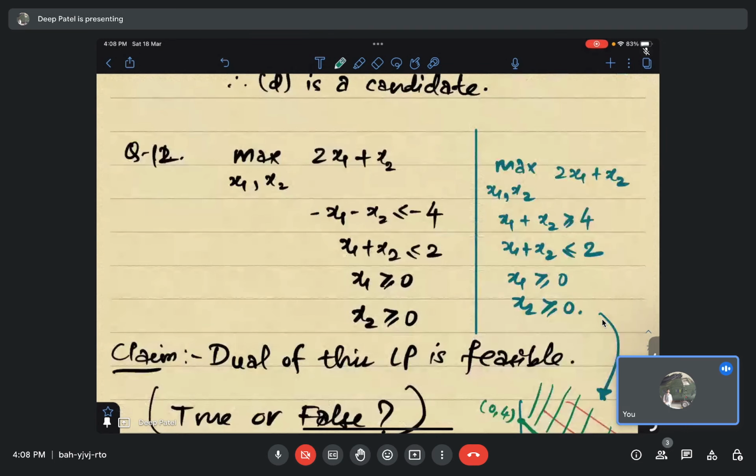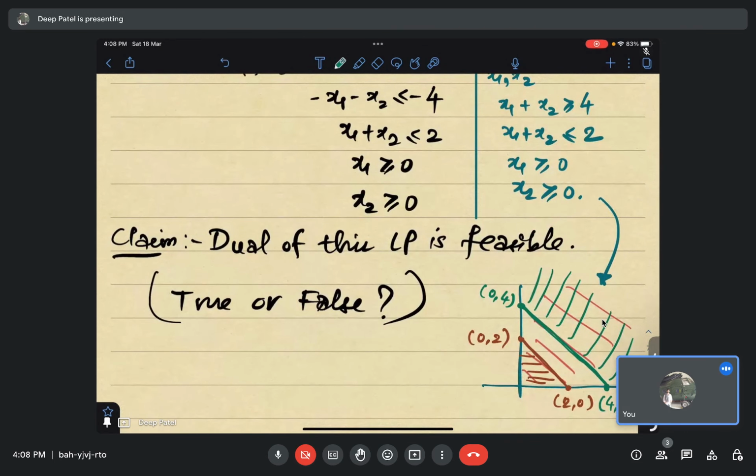So what do we do now in this case? Basically we have no points as a solution, that is empty, right? The feasible region. So this LP does not admit any solution, right? Yeah, so here the feasible region is empty.